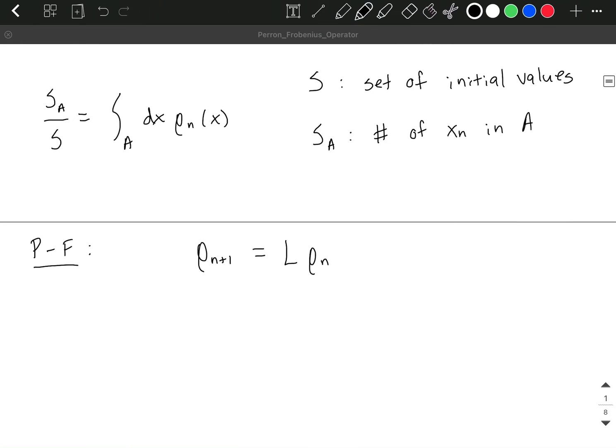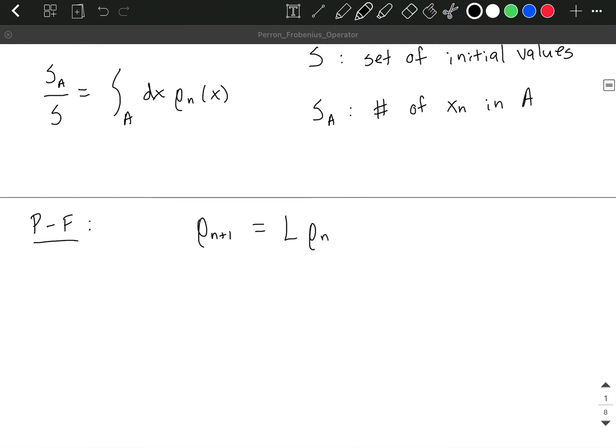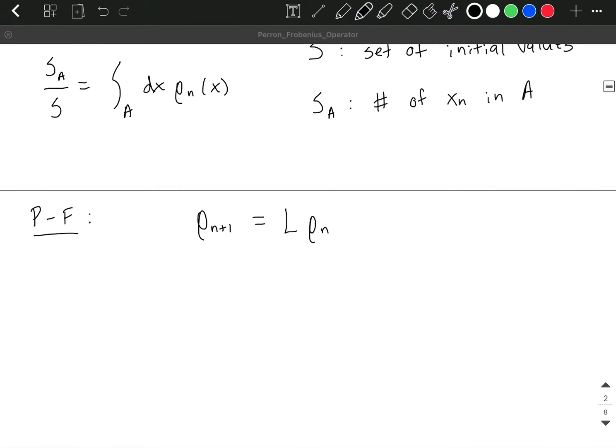So often when we talk about probabilities, we care about the conservation of probability. So let's write down our statement in this notation for the conservation of probability. The conservation of probability is as follows.